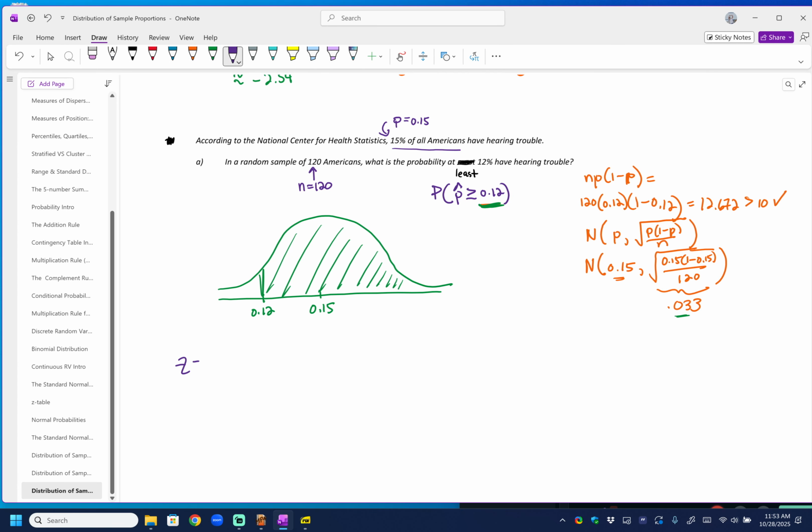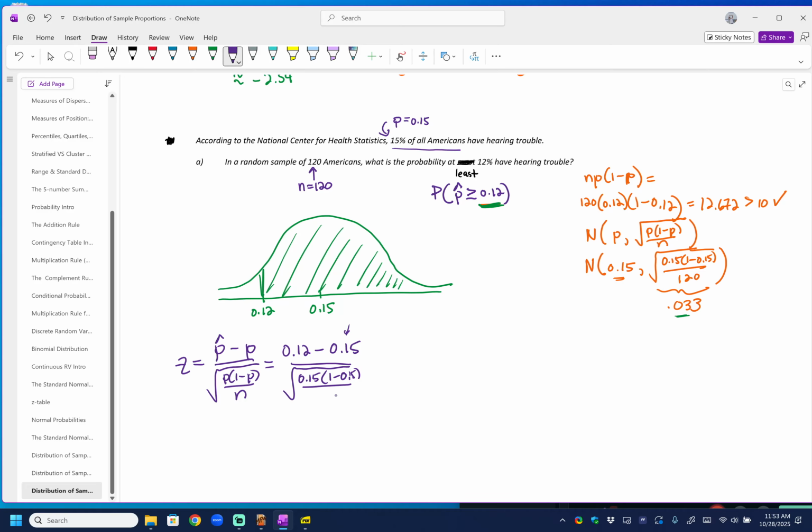Remember, this is p hat minus p, over the square root of p times 1 minus p over n, since it's a new formula, and rewrite it. So the value we're trying to convert, 0.12. We're subtracting our 0.15. Remember, we use this value for the rest of the calculation for all the p's, over 120.